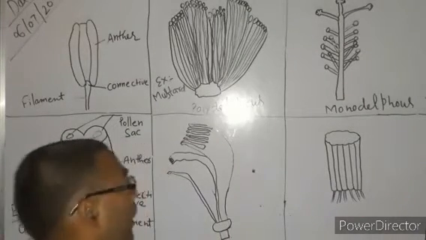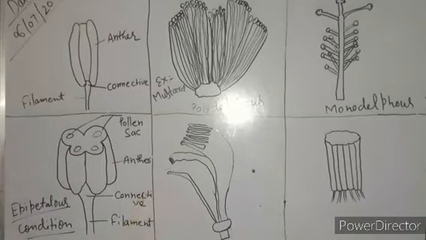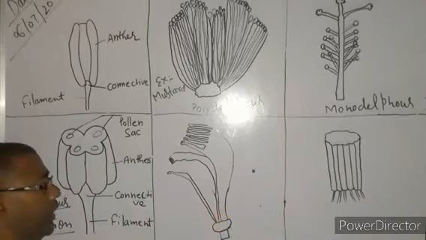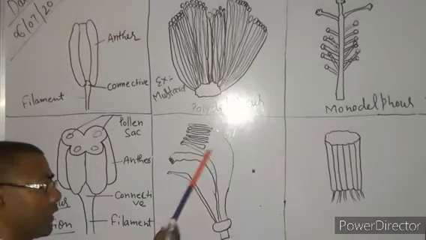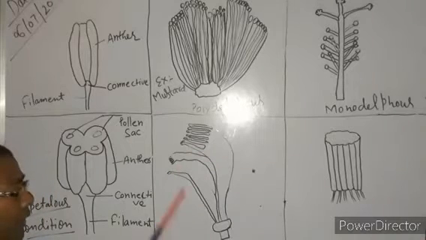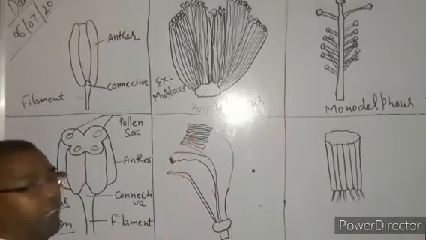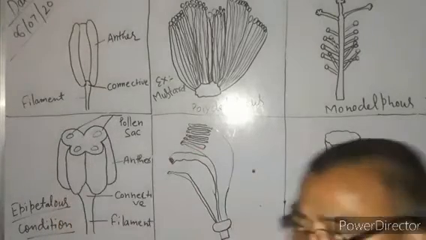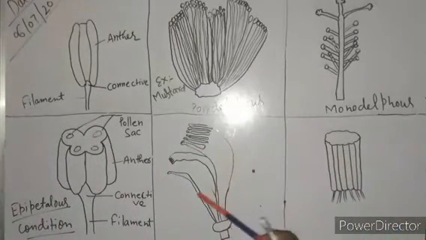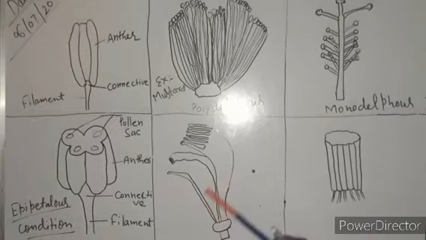Now the third is the didelphous condition. In this condition, there are two groups of stamens. The anthers are free, but the filaments are grouped in two forms, this one and this one.